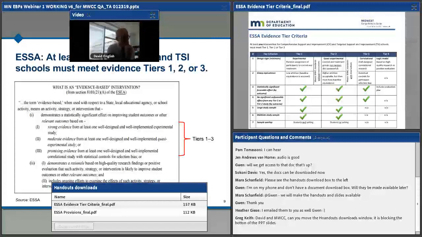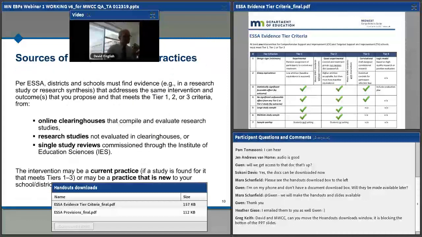That is the requirement. You guys know the requirement, so we're not going to dive deep on it, but we know that they all share in common that they have to demonstrate statistical significance and show either strong, moderate, or promising evidence that aligns with tiers 1 to 3, and we're going to talk about what that means.